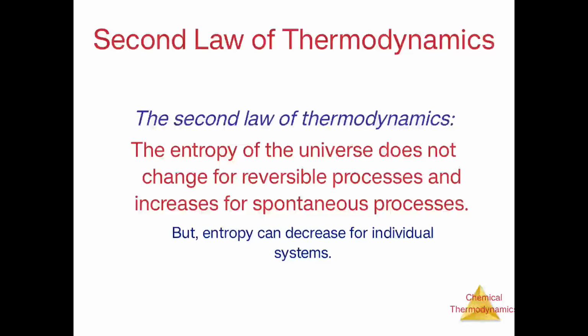In that case, we have to focus on the entropy and its relation with the free energy. Got it? So, the entropy of the universe does not change for a reversible process and increases for a spontaneous process. And there is another limitation which is highlighted below that statement: entropy can decrease for an individual system.